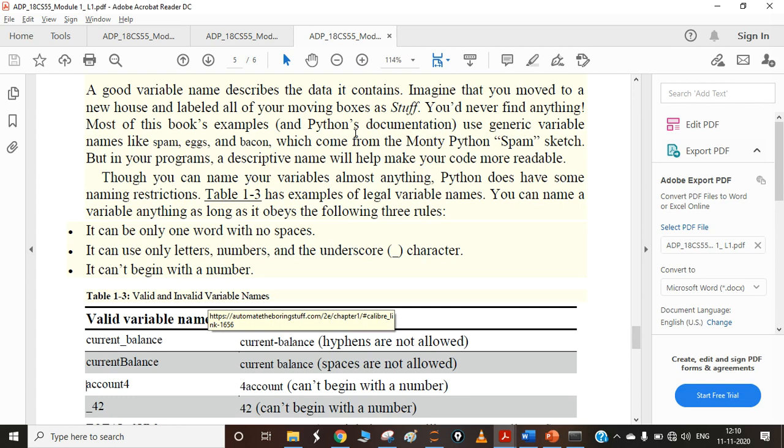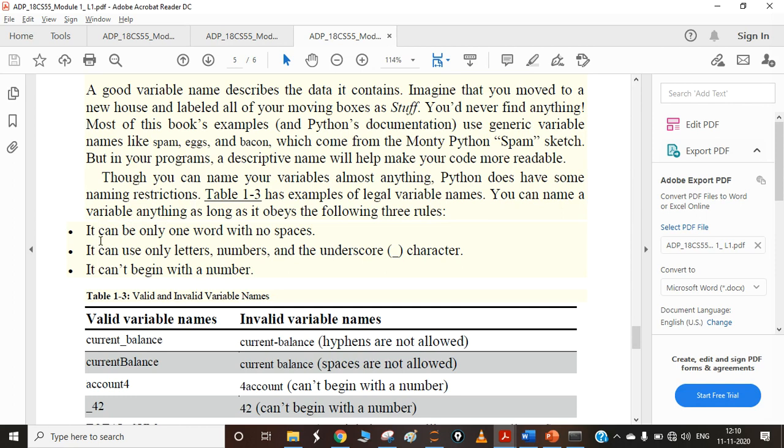Let us take a few examples here. Whenever we choose a name for a variable, that variable should describe what type of data it contains. Though we can name our variable almost anything, Python does have some naming restrictions. So whenever we choose a name for a variable, we have to follow a set of rules.